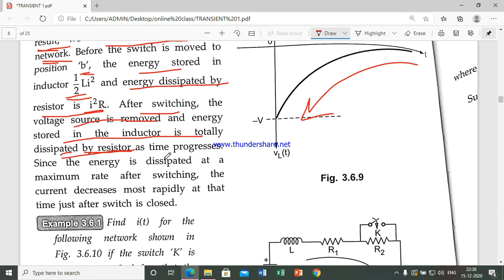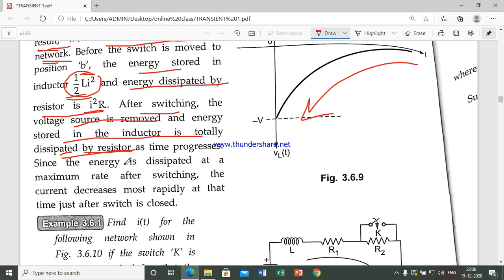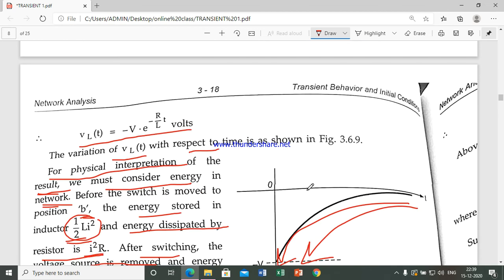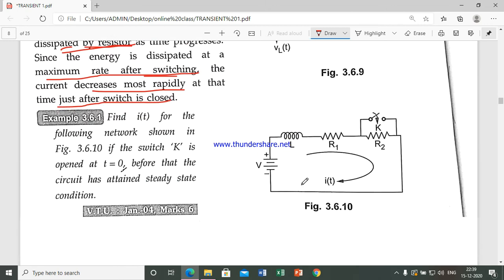As time progresses, the energy half L i square starts to decrease, at a maximum rate just after switching. The current decreases most rapidly just after the switching. You can see the decreasing of the current. This is the concept when you remove the voltage source.